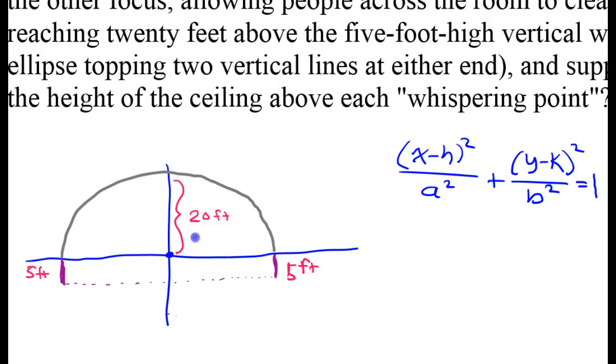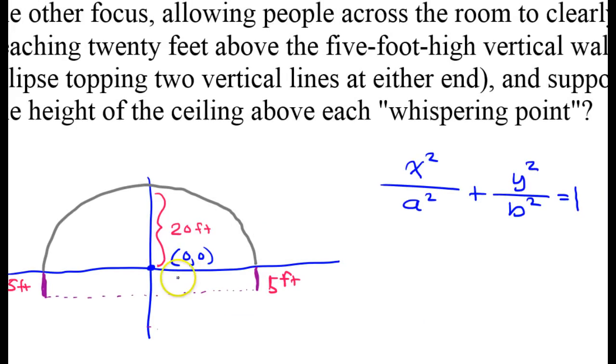But the center is 0, 0. So I don't need the h and the k. So I can simplify this a lot by putting just x squared and y squared. Now, the a value is the distance from the center to a vertex. We don't have that, so I'll have to deal with the a value later.